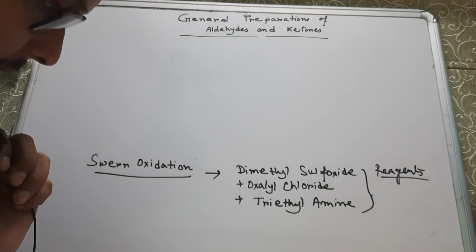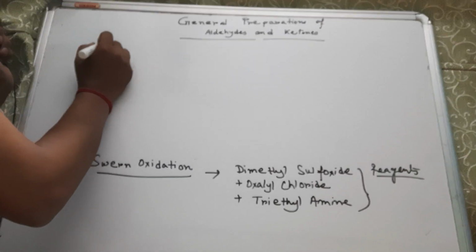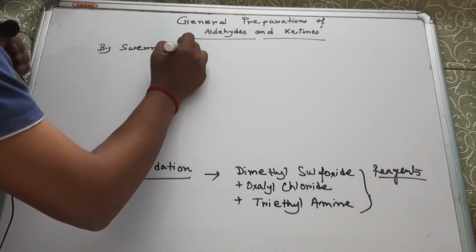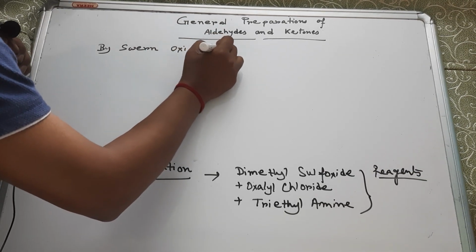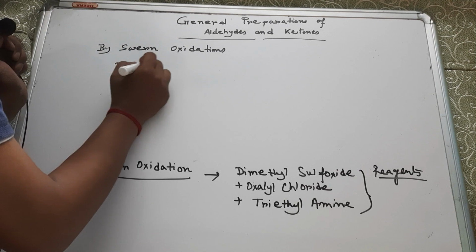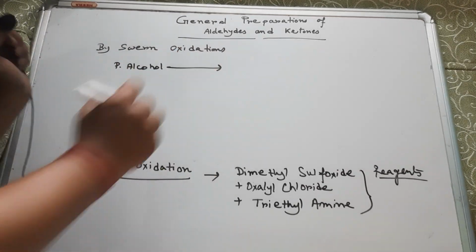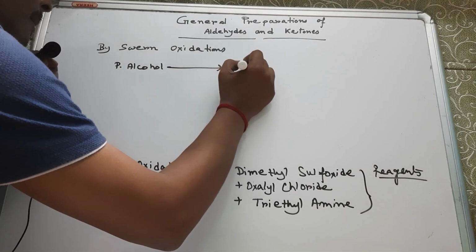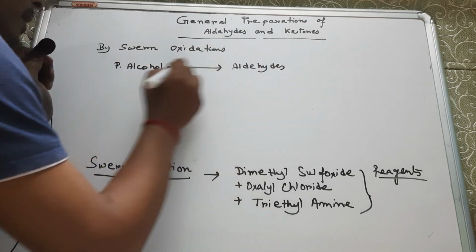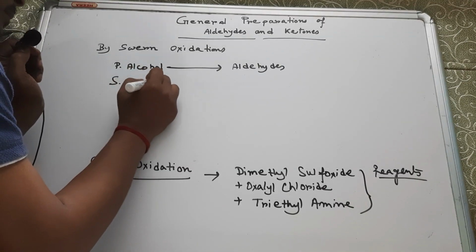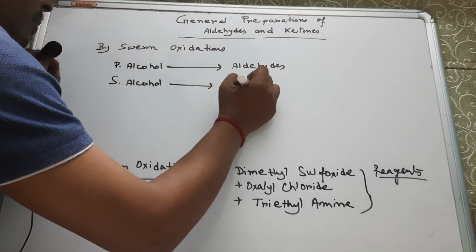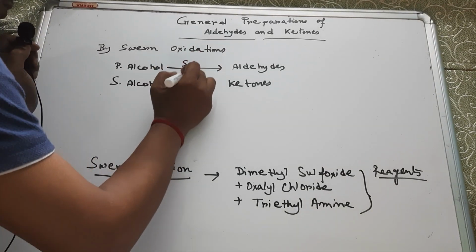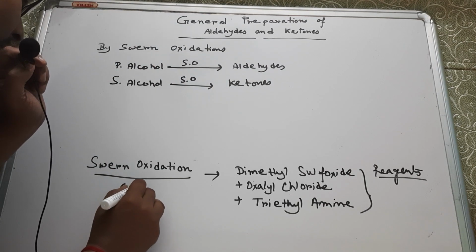By Swern oxidation, from primary alcohol we get aldehydes, and from secondary alcohol we get ketones.